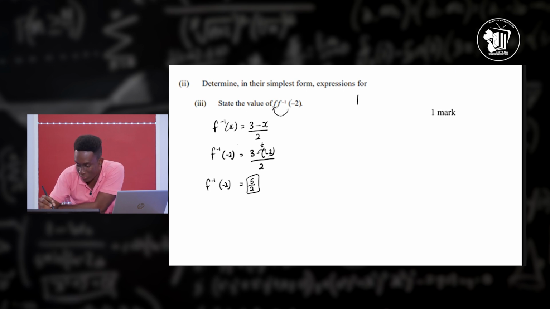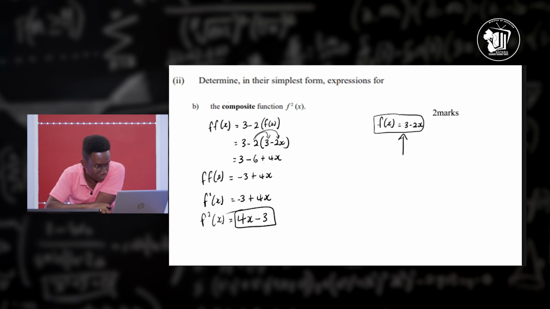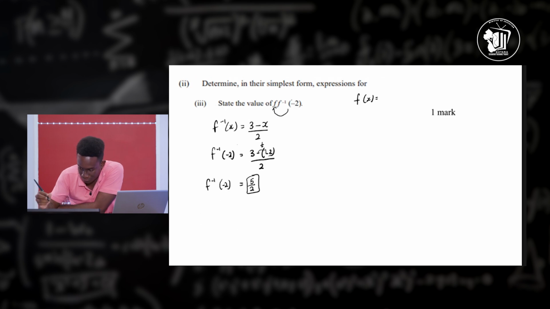So let's remind ourselves what is the function f. So the function f of x is equal to 3 minus 2x. So now let's put that inside of this function.